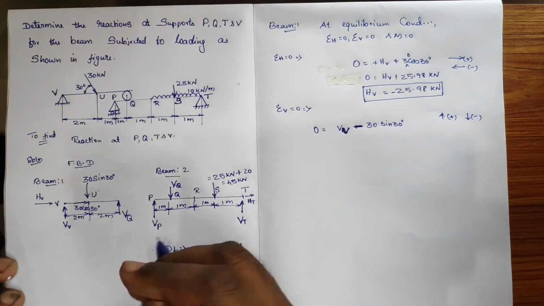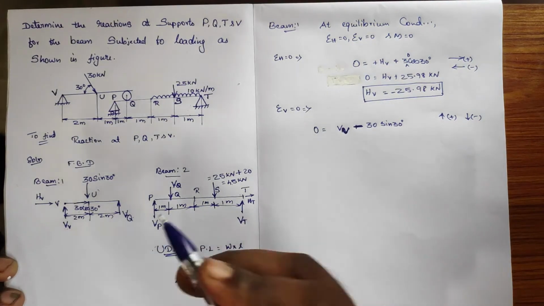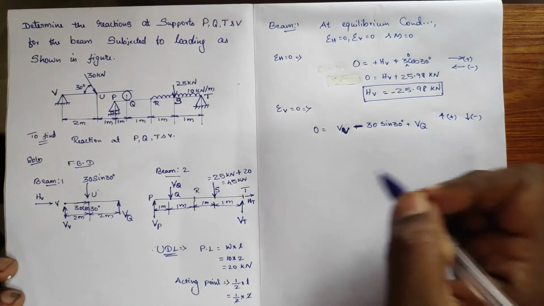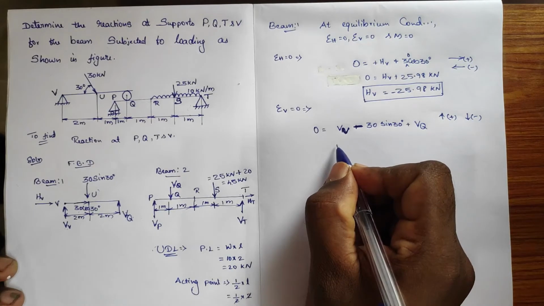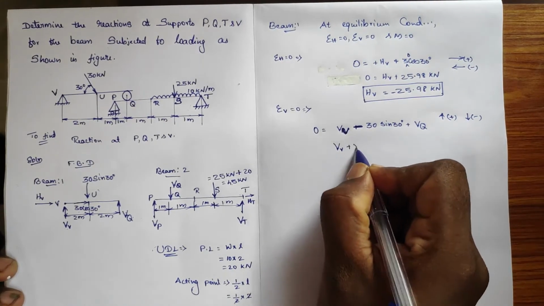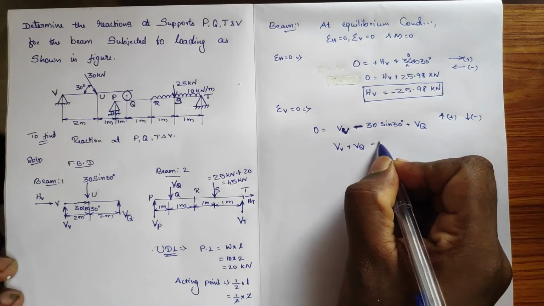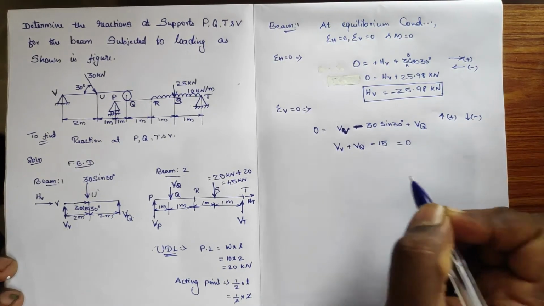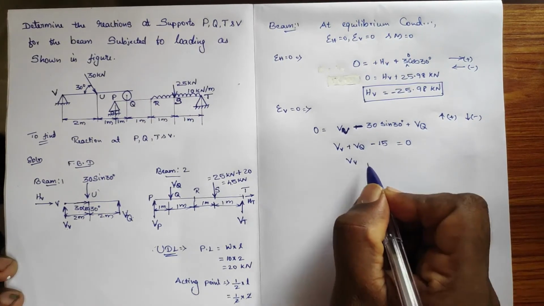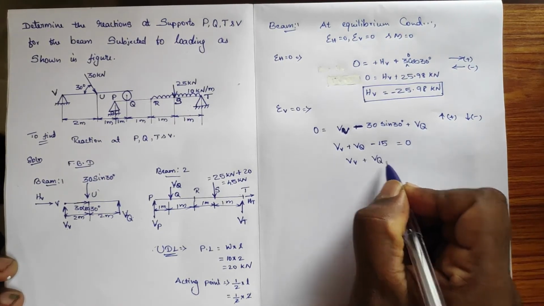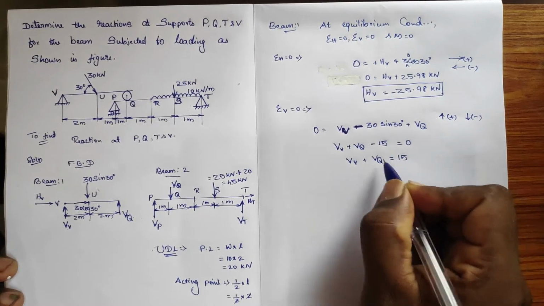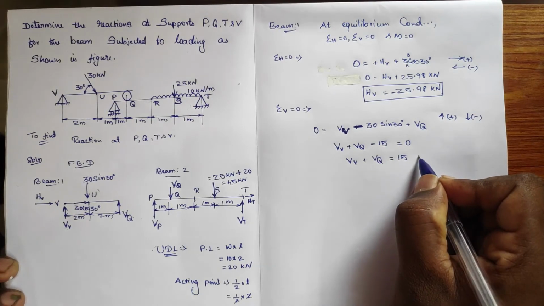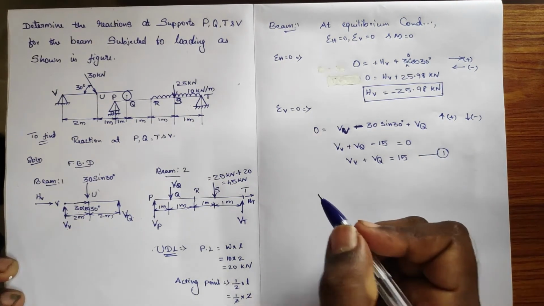And VQ is directed upward, so it is a positive sign. I can simplify this as VV plus VQ minus 15, since 30 sine 30 degree is 15. In the next step, take the 15 to the other side so that it becomes positive, and this will be equation number 1.